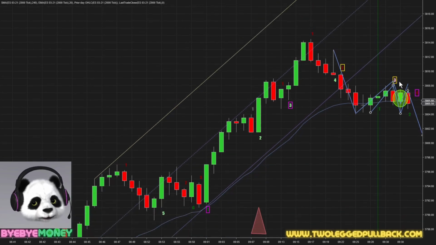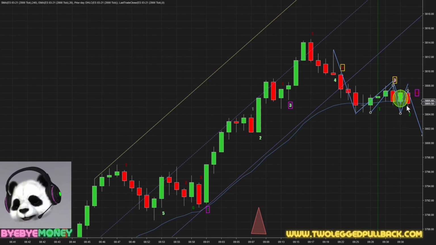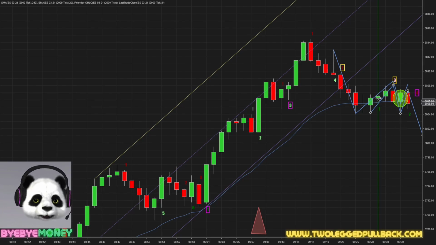That still counts as a second entry, and we see that it only goes up one tick. There's another thing that we failed to see, that this is actually beginning to become choppy. We have one, two, three overlapping bars right here.